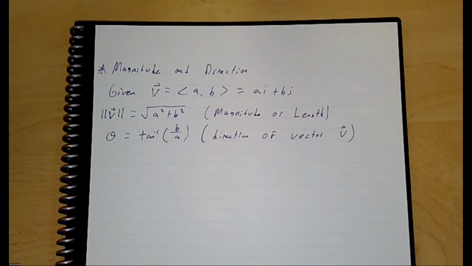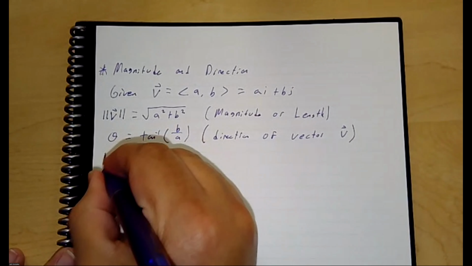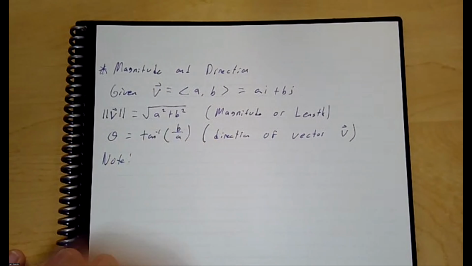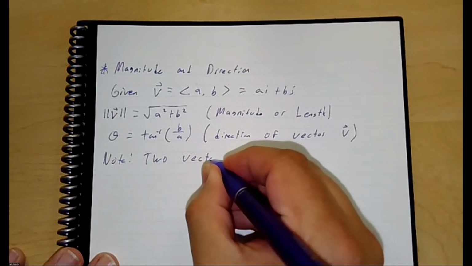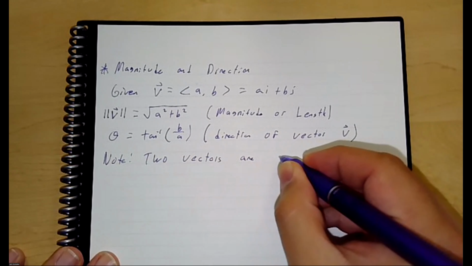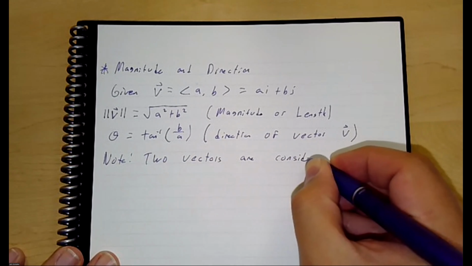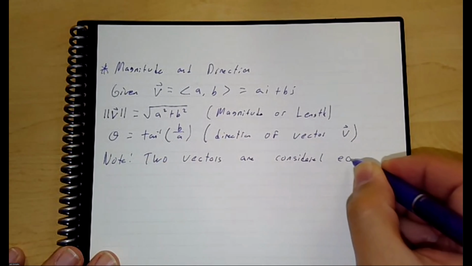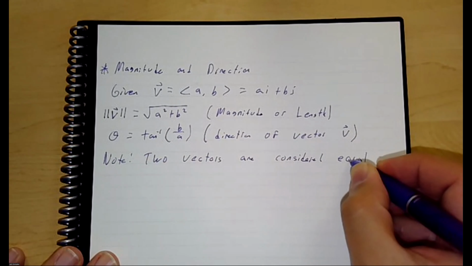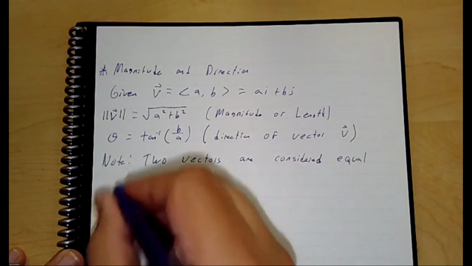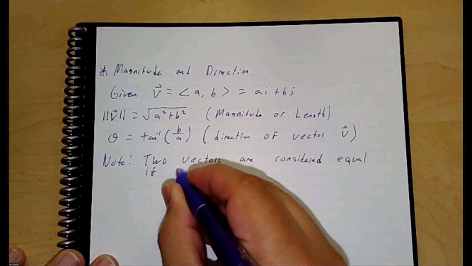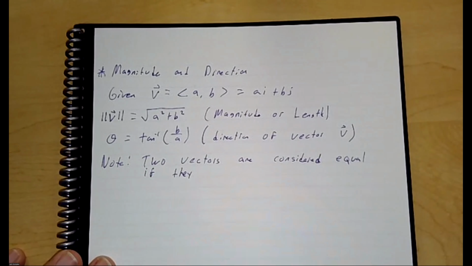Note. Two vectors are considered equal if they have the same magnitude and direction.